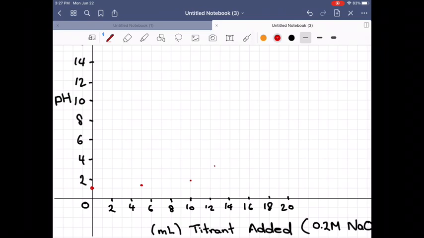Let me make these dots smaller. I think that dot looks so big that it's going to confuse people when looking at it. Confuses me.